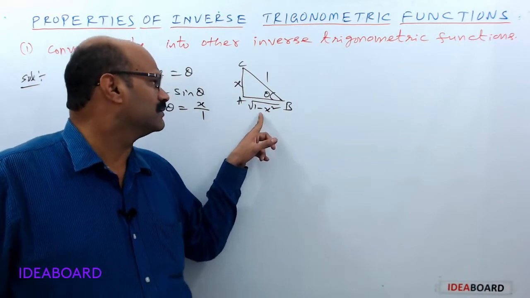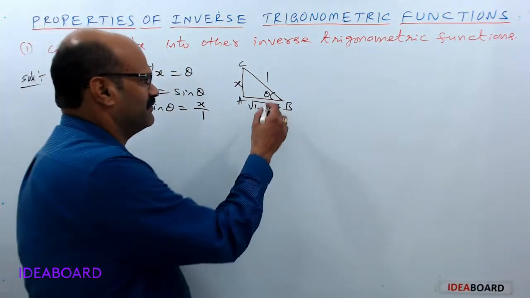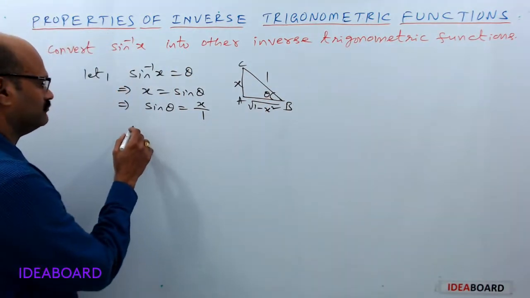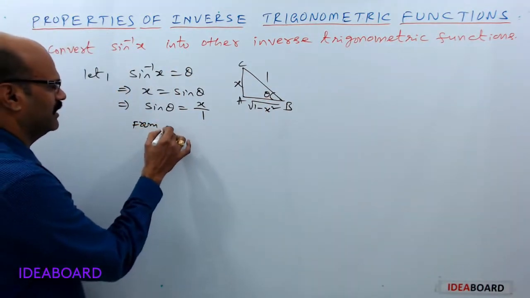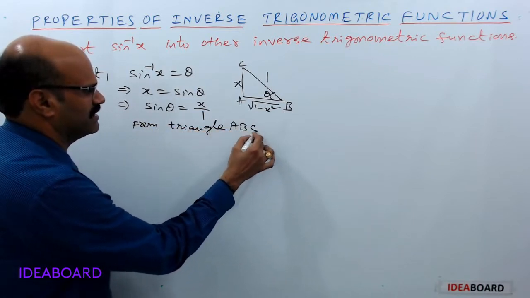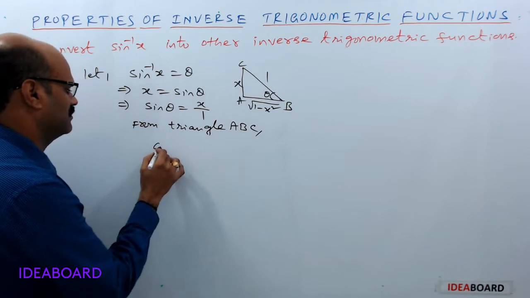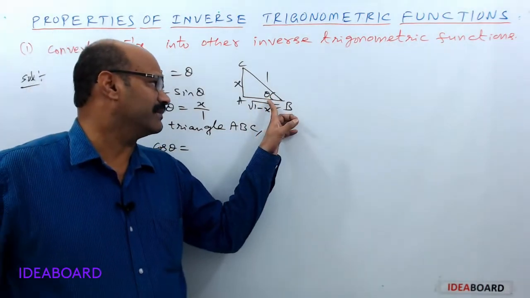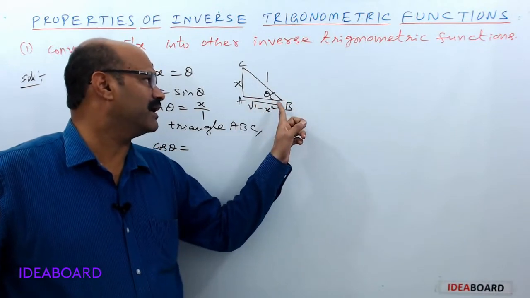To write it, first we find cos theta from the diagram. From triangle ABC, cos theta equal to adjacent side by hypotenuse, AB by BC.